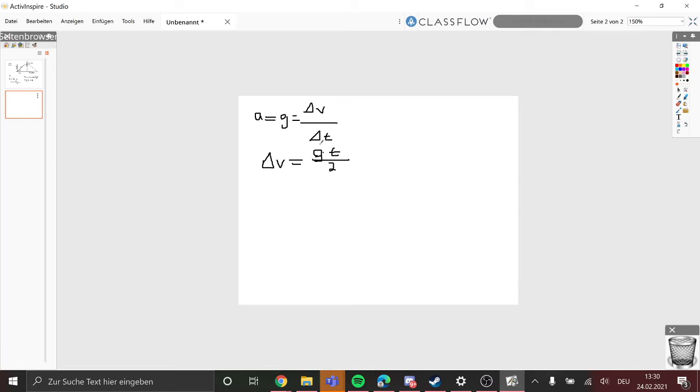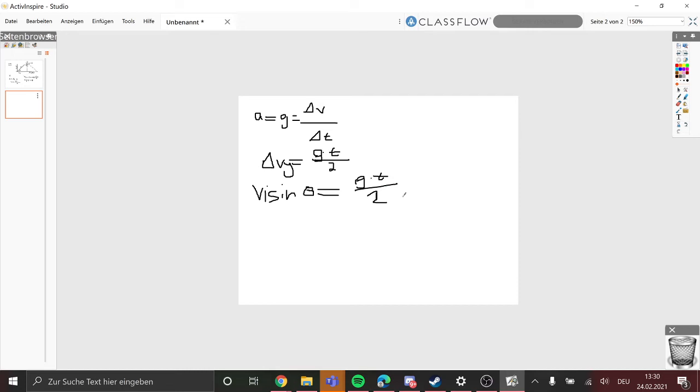Having this, we also know that this is not delta V, this is delta V in Y. So delta Vy is equal to the initial velocity times sine theta. So we can rewrite this as Vi sine theta equals G times T over 2.